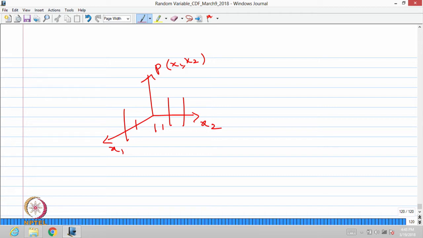Both are discrete type random variables, therefore this can be represented in the three dimension plane. X1 is one axis coordinate and x2 is another coordinate, and height on the z axis is the probability at the point x1 comma x2.